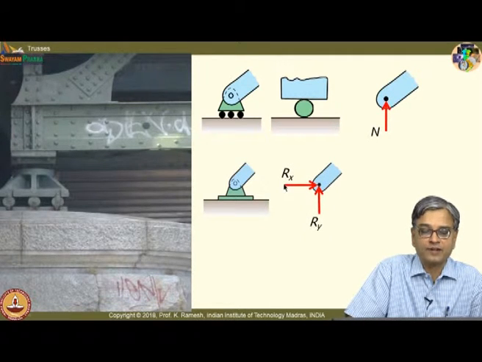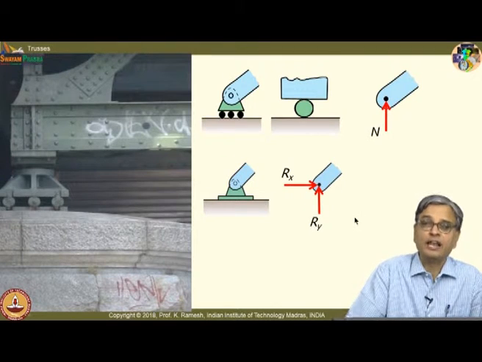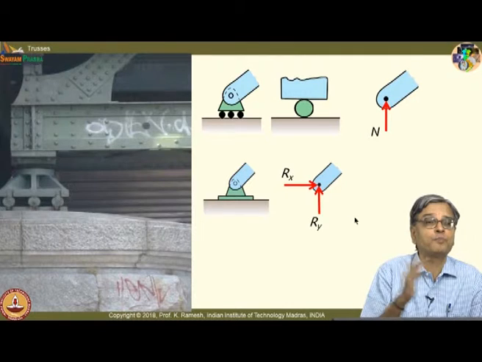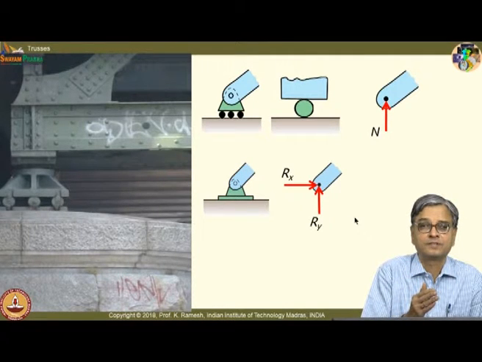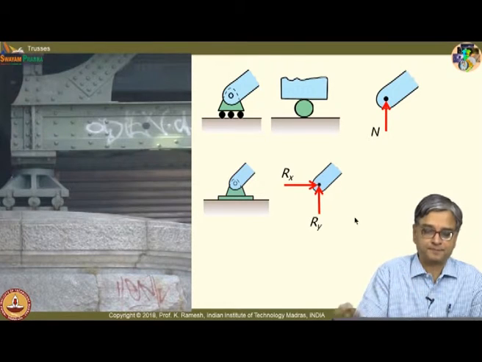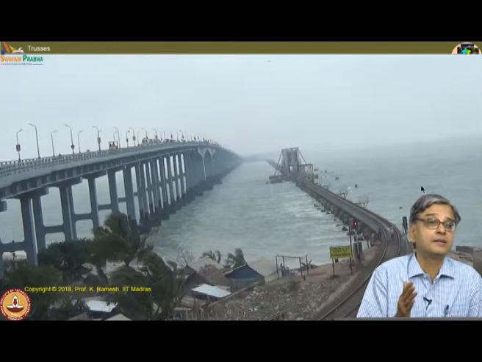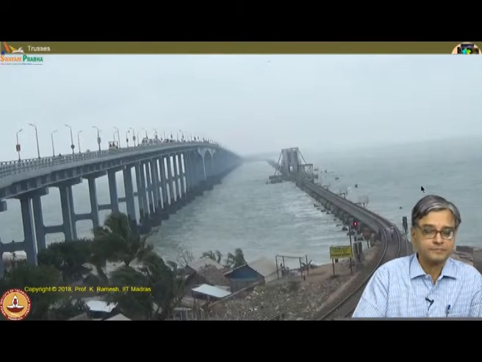So, I have force components Rx and Ry at the joint. And later on we would also see trusses which have pin joints at both ends. They are difficult to analyze, but we would postpone it for the moment. But usually you will come across a truss always with a pin joint at one end and a roller support at the other end, and you should know how to interpret the symbols correctly.